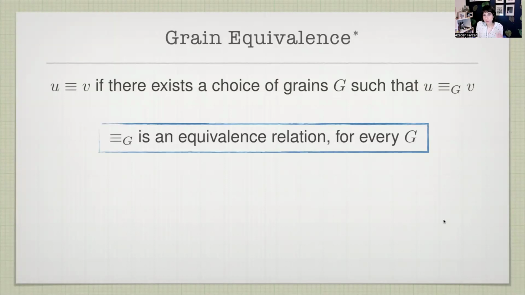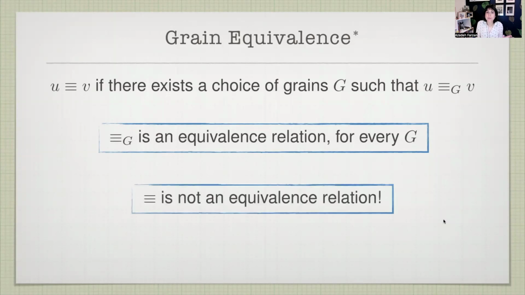It's important to observe that, exactly because of the homomorphism reasoning that I did, for any particular choice of grains, up to homomorphism, we are in exactly the same domain that we were. So that relation is an equivalence relation, like Mazurkiewicz equivalence. But if I now go over all possible choices of grains, this relation is no longer an equivalence relation. That's why I put a star there to emphasize this.